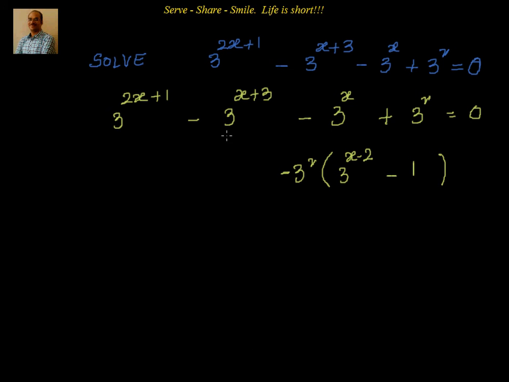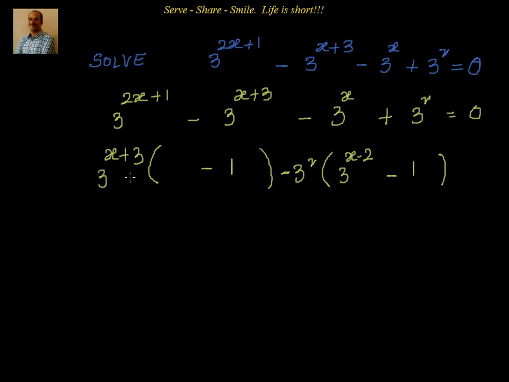Now we will come back to the first two terms, and we will see what I need to take common so that I will get 1. You know that you have to take the second term common. So it will be 3 power x plus 3 into bracket. Now I know if I am taking 3 power x plus 3, this will be 1.